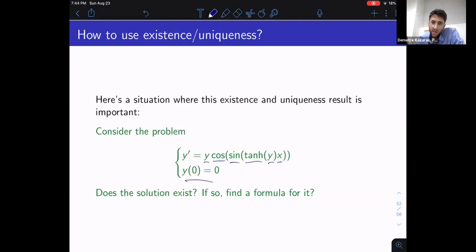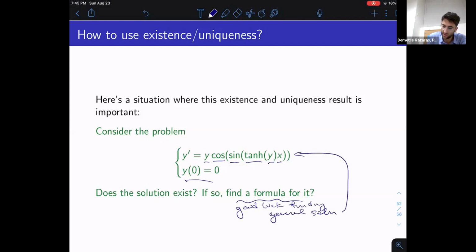So we can ask the question, does the solution to this initial value problem exist? For how long does it exist? And is it unique? And solve it. Okay, well, good luck finding a formula for it. Good luck finding a general solution to this equation.